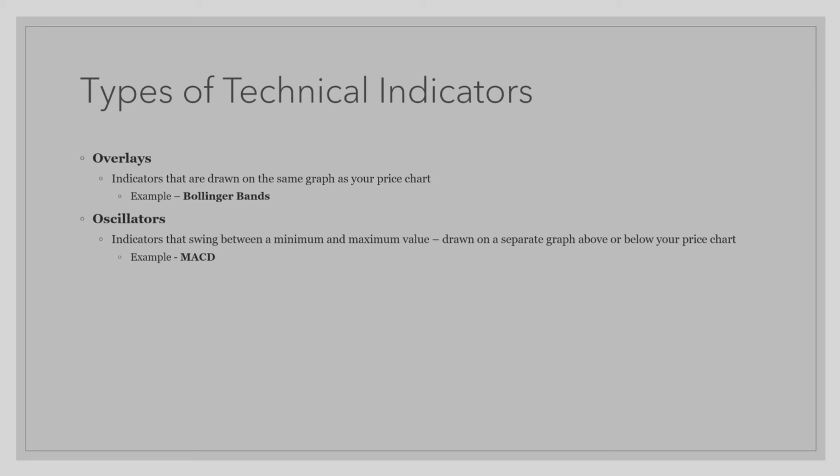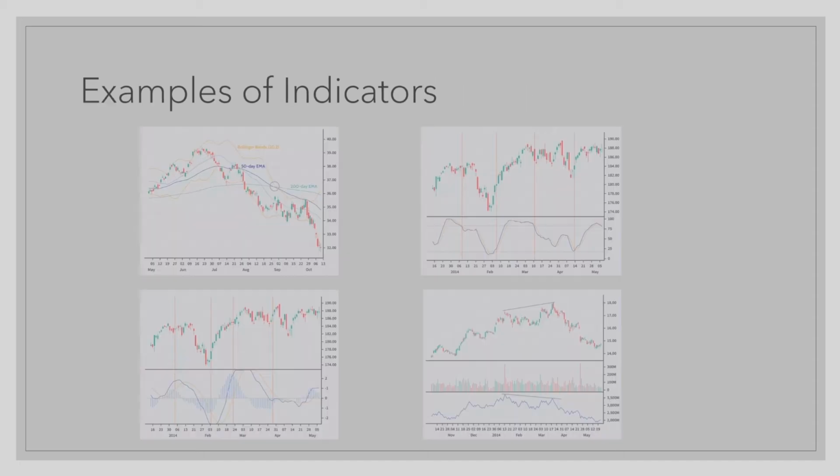Oscillators, on the other hand, are indicators that swing between a minimum and a maximum value and are drawn on a separate graph either above or below your price chart. For example, MACD. Looking back at the examples that I provided earlier, we can note that the first graph that we see has overlay indicators, whereas the next three have oscillator indicators on them.